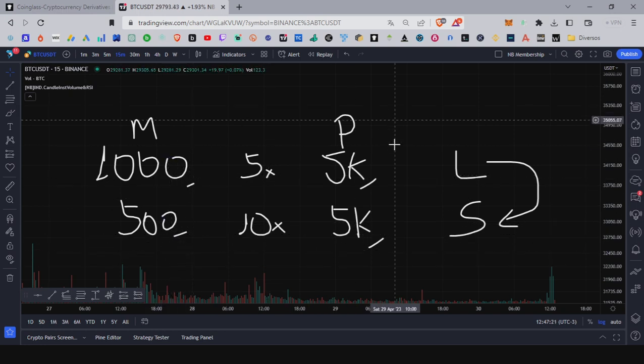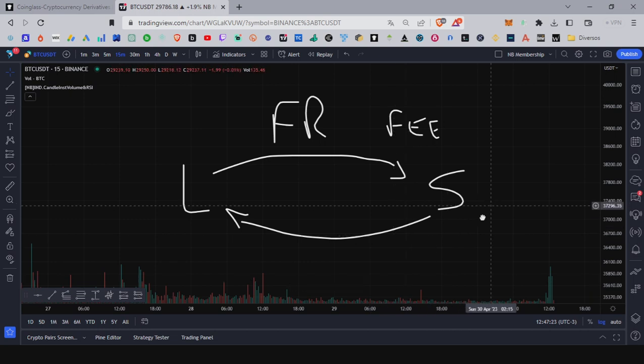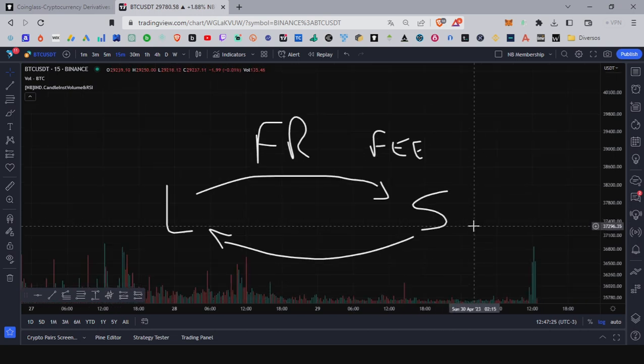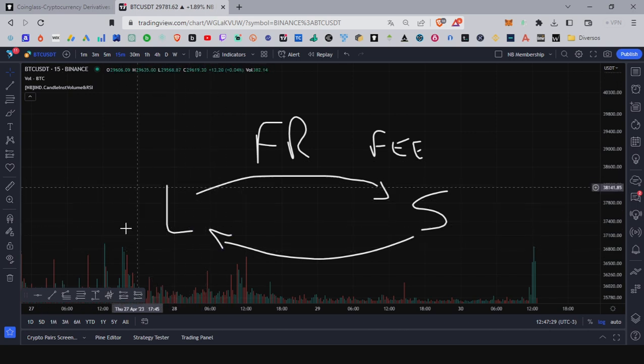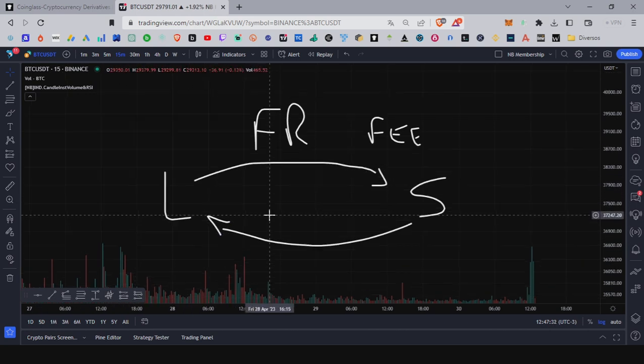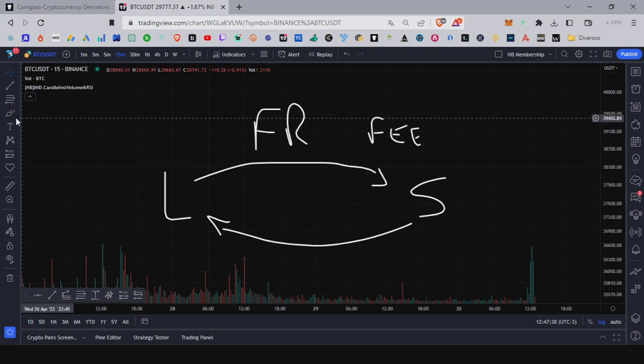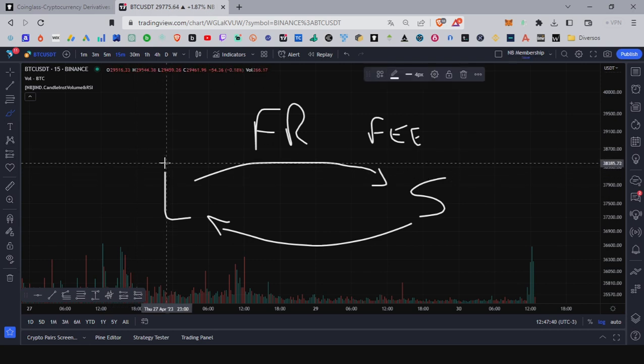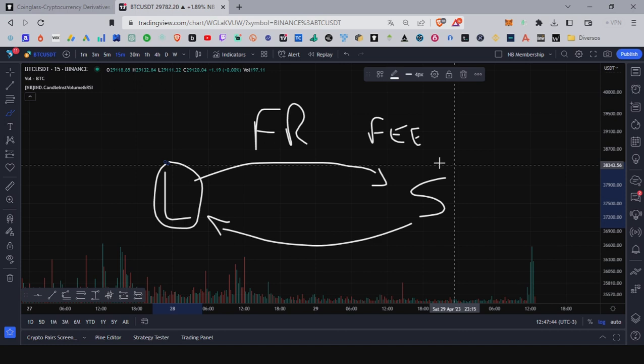And the funding rate was born in order to try to solve this issue. How? If there are a lot of longs in the market, a lot of money placed on longs, the funding rate will be charged from longers and paid to shorters.